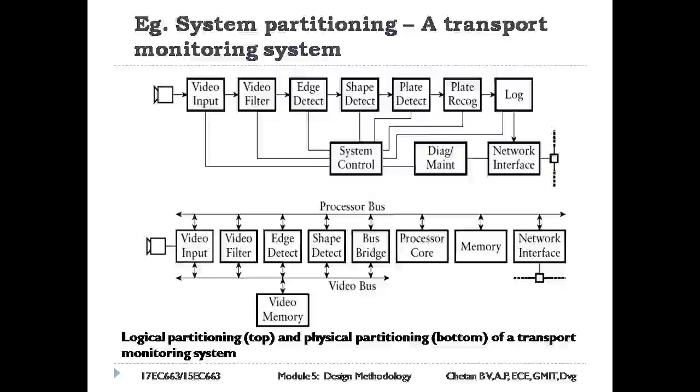The video images are analyzed to identify the license plate of each truck passing underneath, and the time and the license number are logged. The information is transmitted to a central facility for recording and comparison with information from other stations. A hypothetical functional decomposition, that is logical partitioning of the monitoring station, is shown in the top figure.